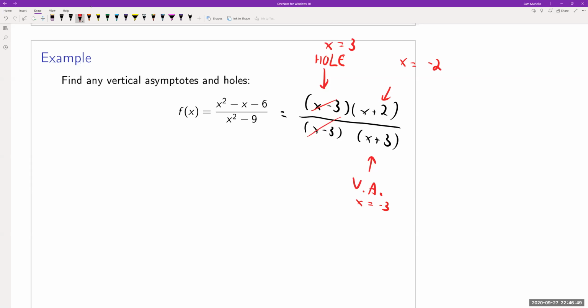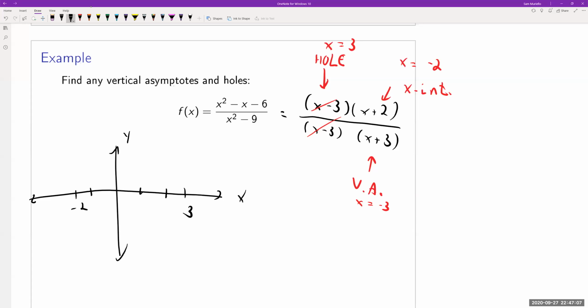We know that our function can be equal to 0, and in fact, that's an important value. It's an x-intercept. So we can put all of this together and get a very rough idea of a sketch of the graph. The points we care about are 3, negative 2, and negative 3. I'm not going to put a lot of detail in this. I just want to focus on the information we've gotten so far.